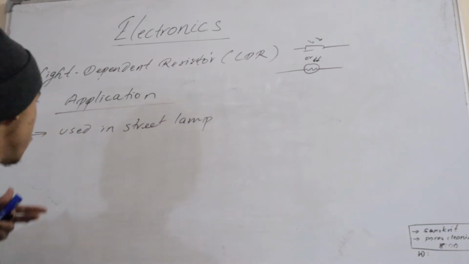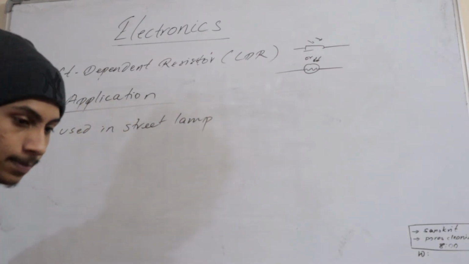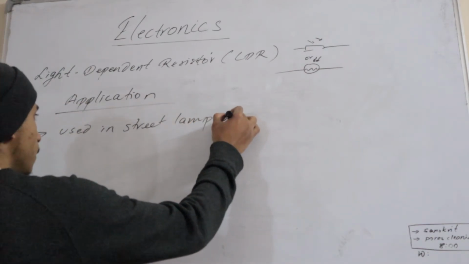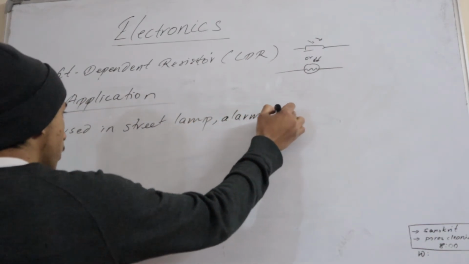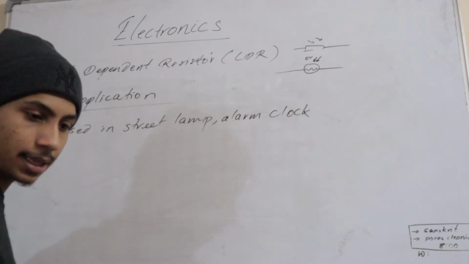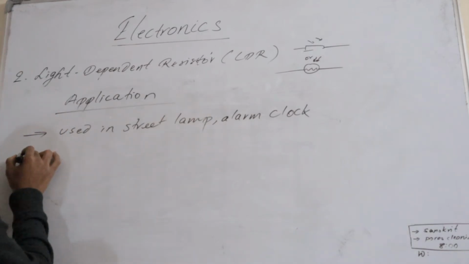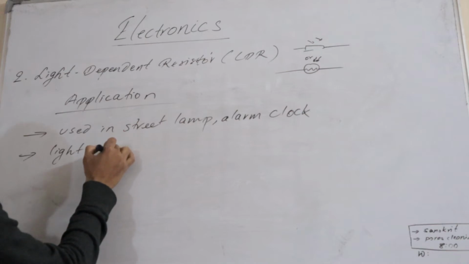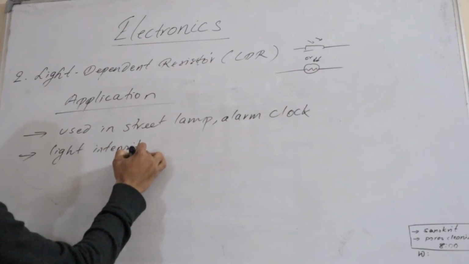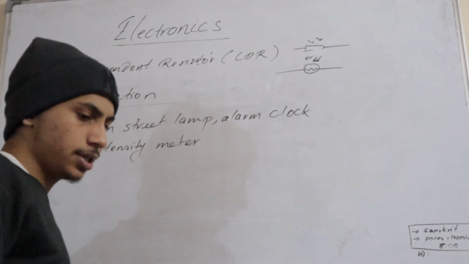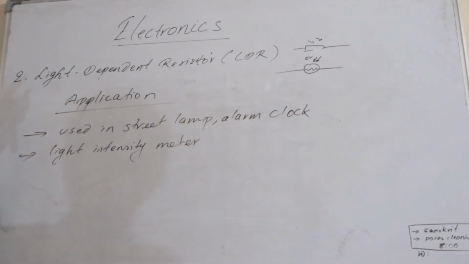Because of that, the light turns on, okay? It is used in street lamps, and even in alarm clocks, and in light intensity meters also. You can give the applications that you think of.